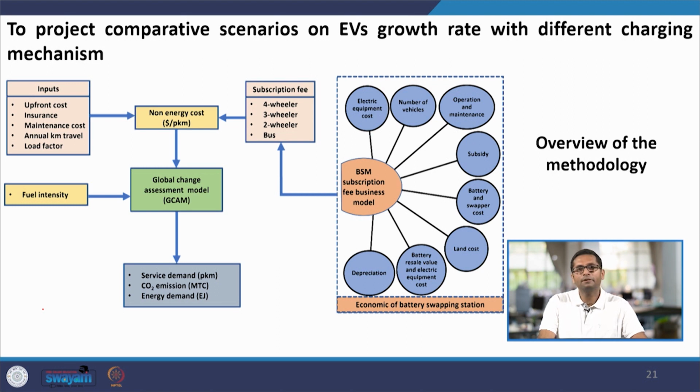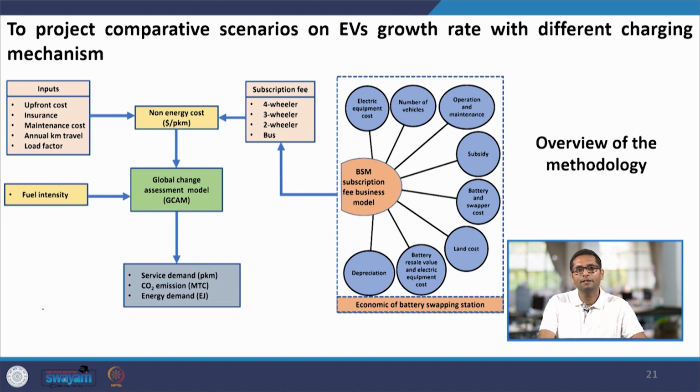So, we did try to make a business model like this where we would have a business player that would set up a plant which would have the capacity of charging around 100 batteries for 100 plus EVs in a day or so.